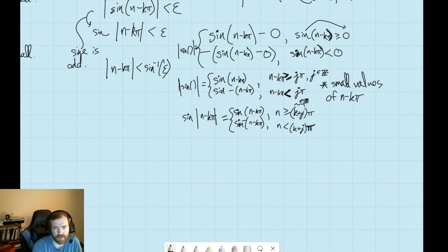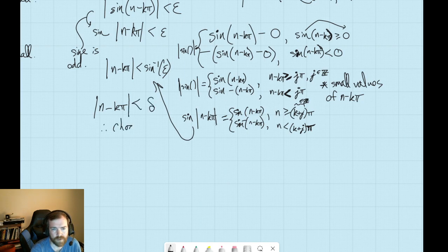And then that's just going to be, you know, take the inverse sine of both sides of this. Right, it was less than epsilon. So that gets us this, which again, absolute value n minus pi should be less than delta.